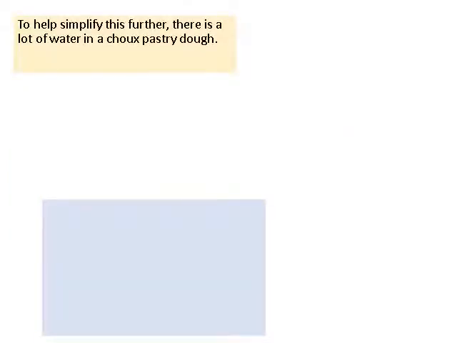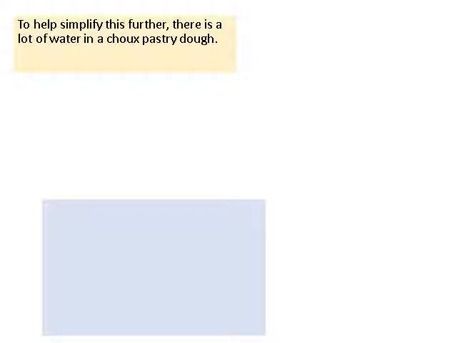So I've used this particular slide to simplify how this works in terms of choux pastry. Remembering that we're talking about steam and how it works within choux pastry, how is that choux pastry rising? When you make choux pastry, there's a high water content in there. It's not like your normal shortcrust pastry, where there's a high fat content.